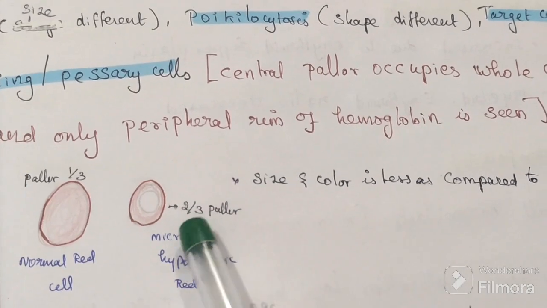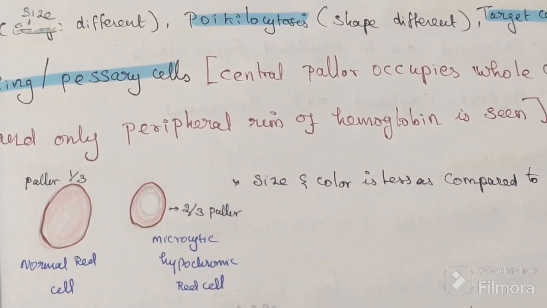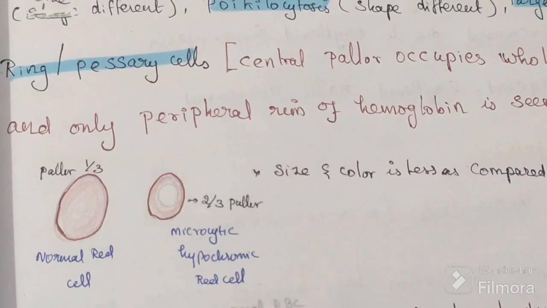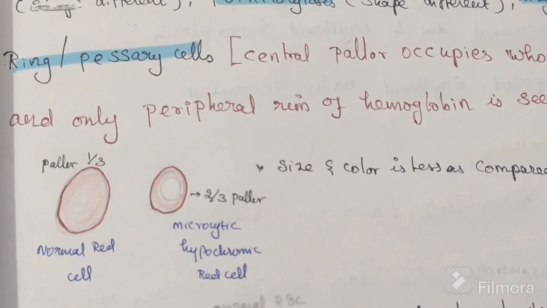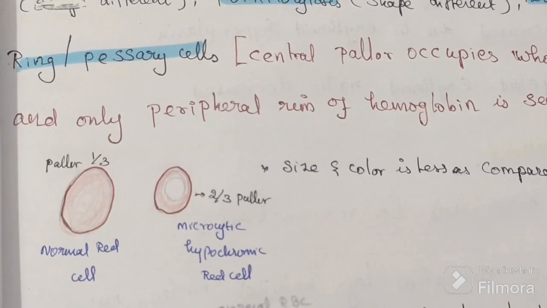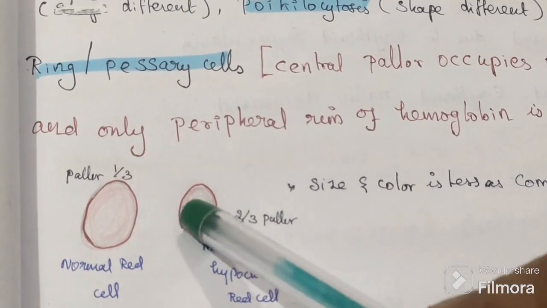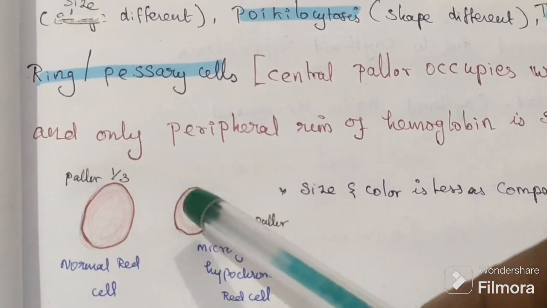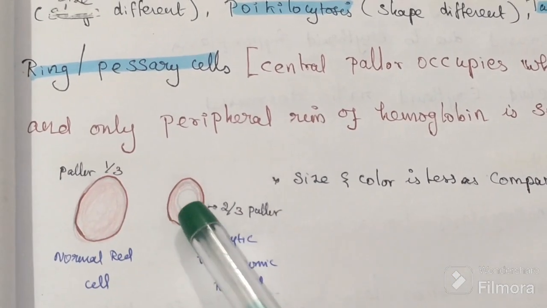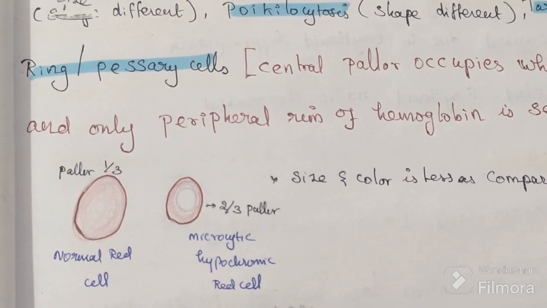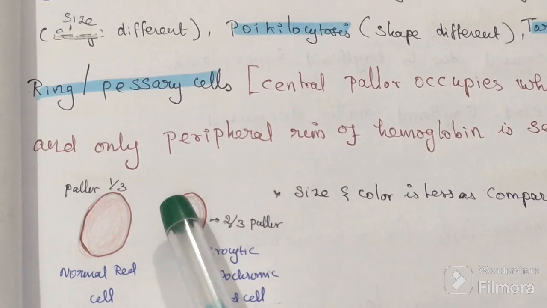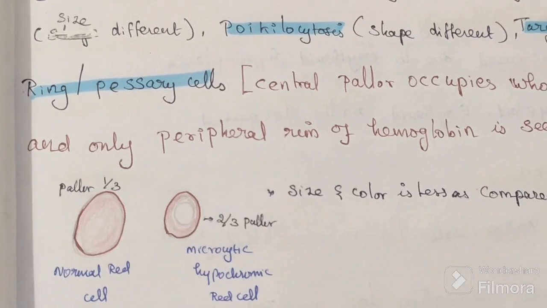But here, RBCs in iron deficiency anemia are, first, smaller in size compared to normal. Second, the color is less. Color is present only at the rim, the peripheral region, so the pallor area is increased. Normally pallor is one-third; here it is more than one-third.